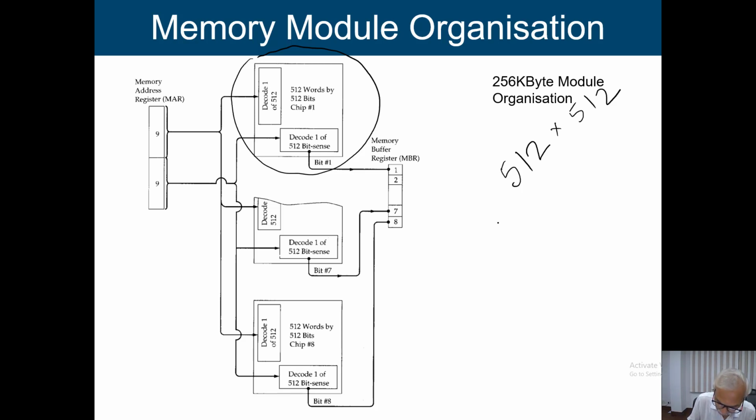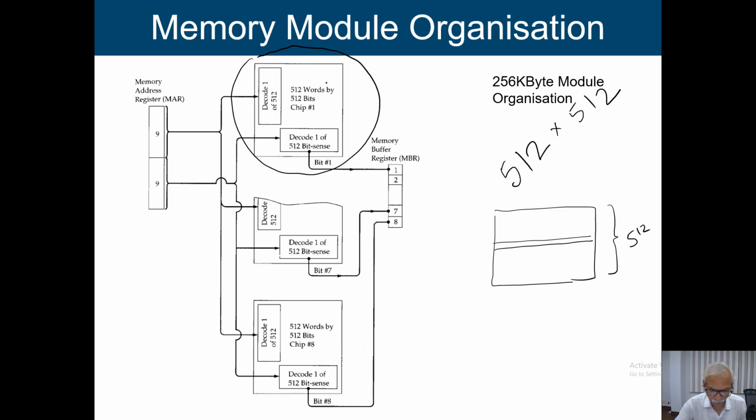That means we have 512 rows, which are the 512 words. In every word there are 512 bits. So this is your 512 rows and 512 bits.